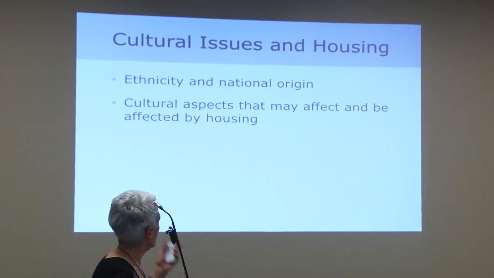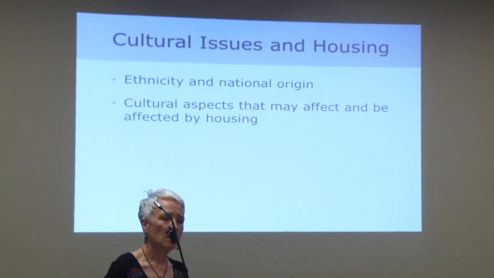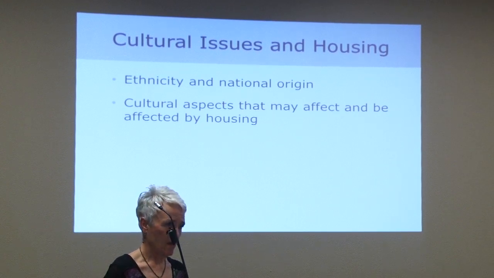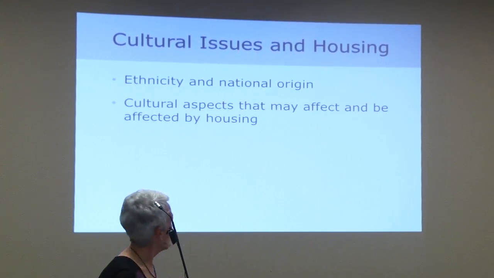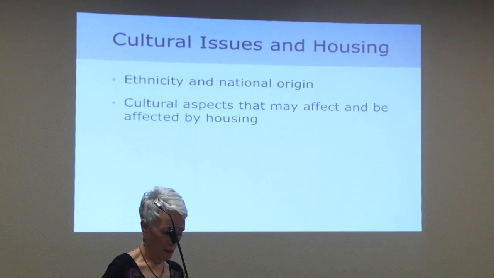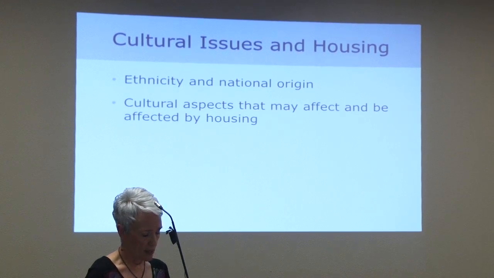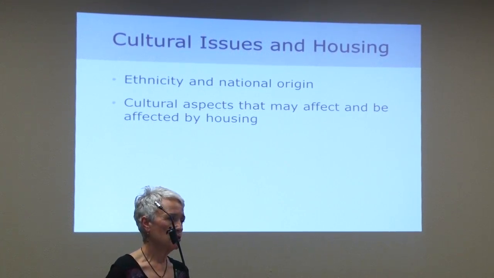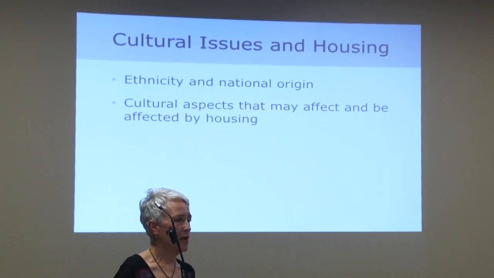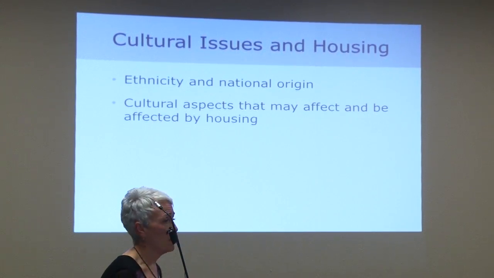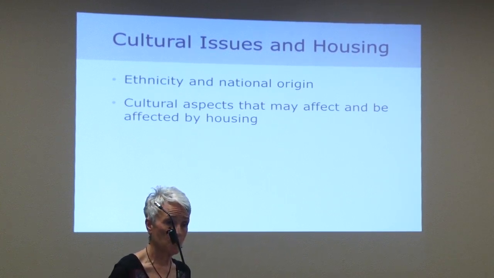Two of the protected classes, ethnicity and national origin, these are the kinds of cultures that people who come to this country have, meaning a culture of being able to be with one another, to promote the cultural traditions, where people are able to celebrate their culture and so forth. This is an important aspect of the housing that people gain when they come in. And for us to be aware of that and to appreciate that is very, very important.